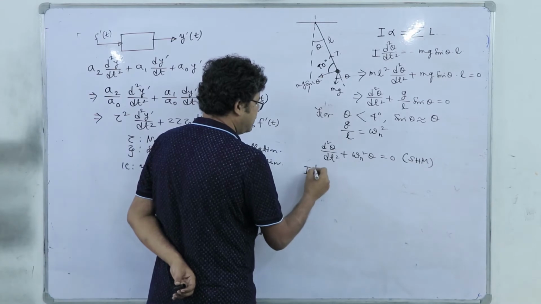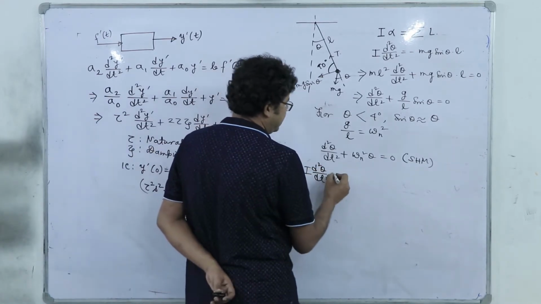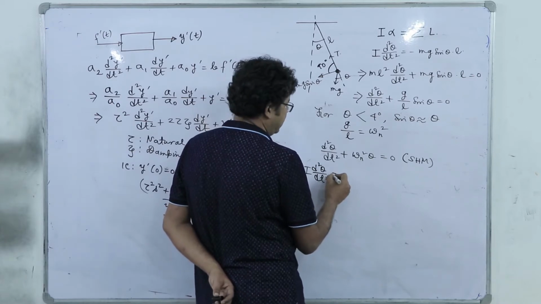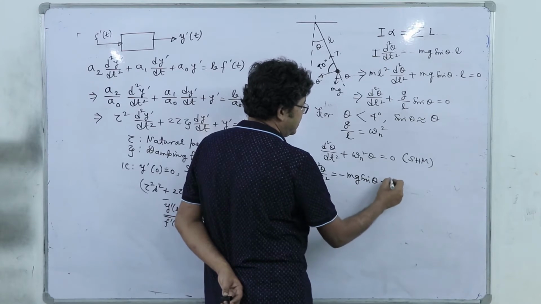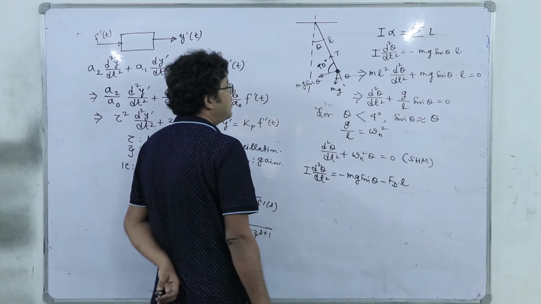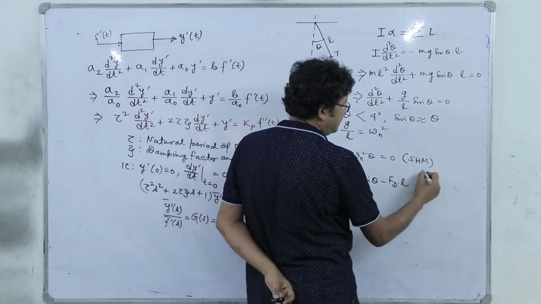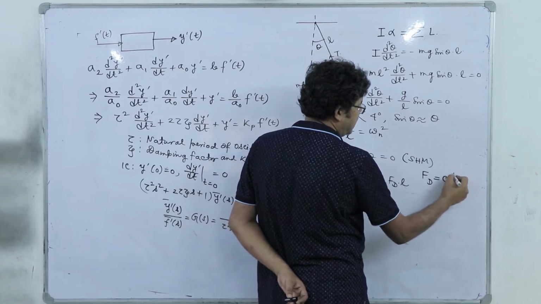So I into d square theta dt square is equal to minus of mg sine theta into Fd, the drag force, into L. Now the drag force, if we consider Stokes law, is equal to C into d theta dt.